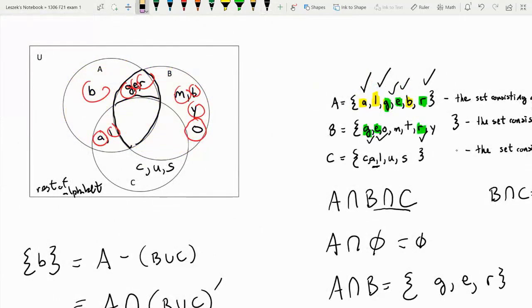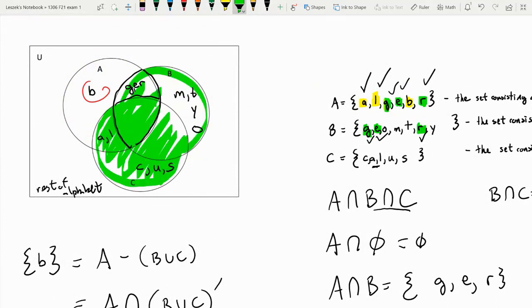So let me try to clean this up a bit. All right. So we're counting the number of things in the union of B and C. And indeed, that's 3, 5, 8 plus, oh no, 5, 8. Is that 13 letters?